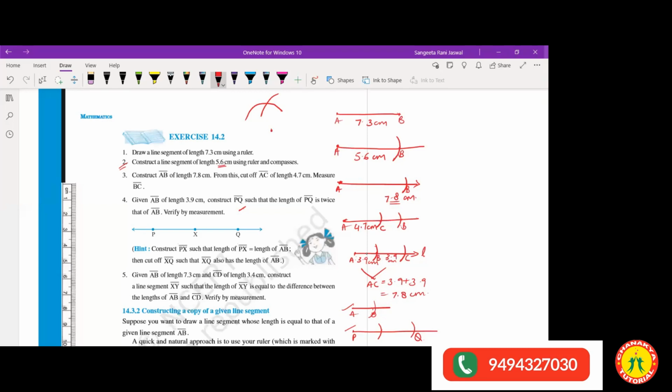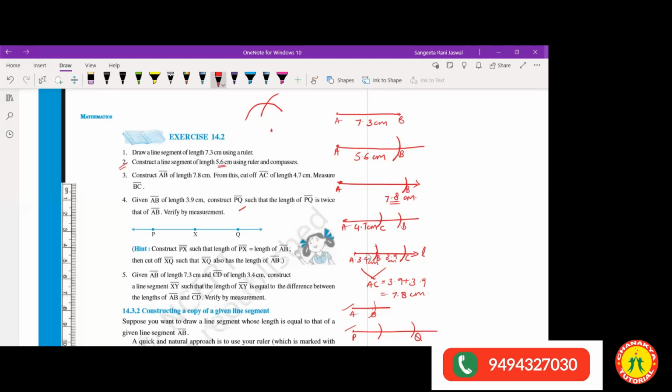Now take this compass measurement and keep it on the 7.3 centimeter line, and just make an arc.